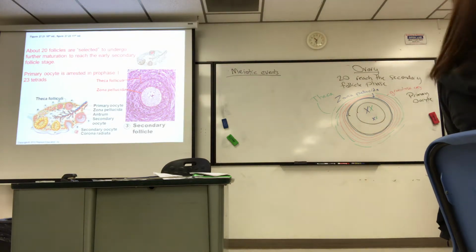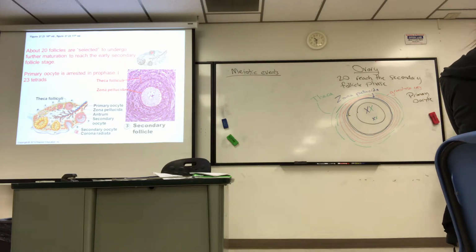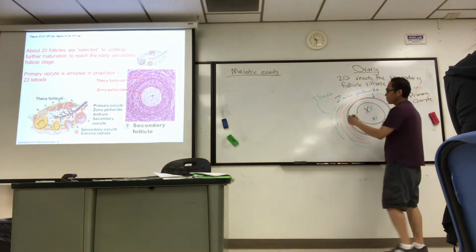And the physiology that you had to know for the last test is still on this test. The granulosa cells, well, I'll start with theca. The theca cells secrete androstenedione.